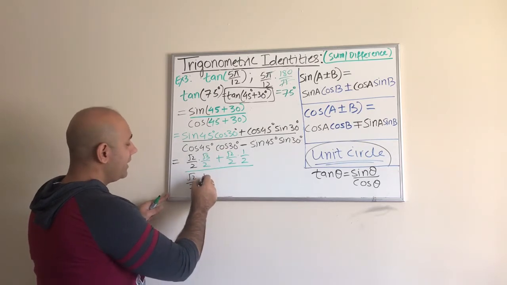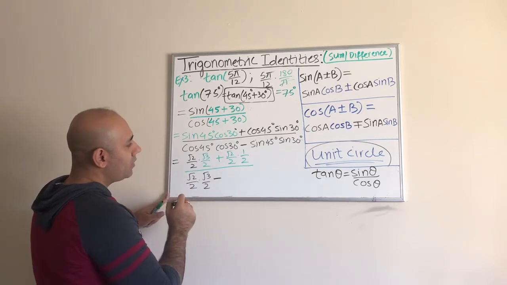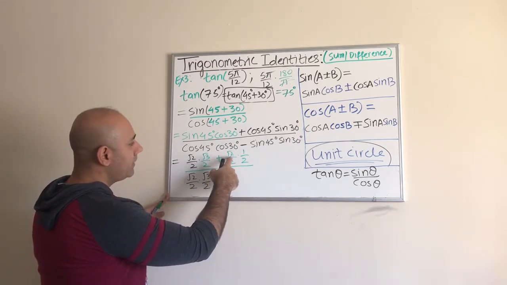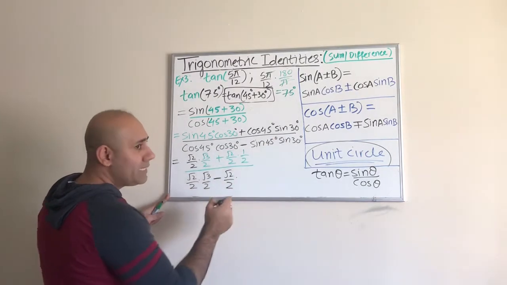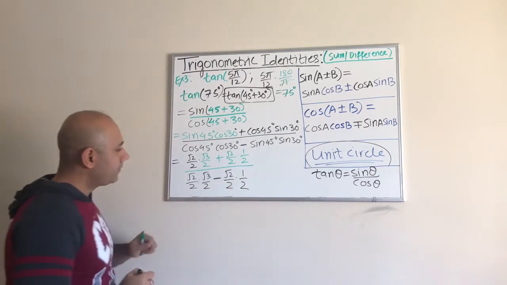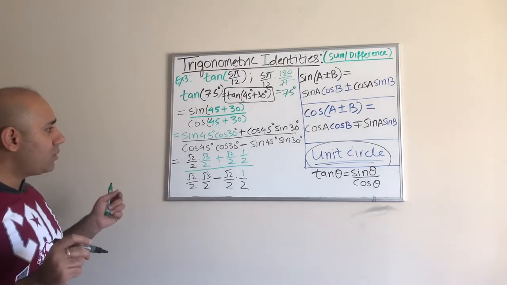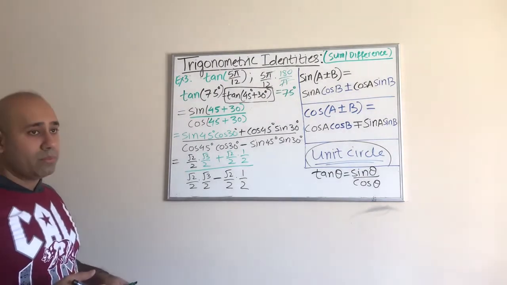Cosine 30 is still radical 3 over 2 minus what do I have? I have sine 45, which is radical 2 over 2 times sine 30. Sine 30 is 1 half. Okay. Use the unit circle.